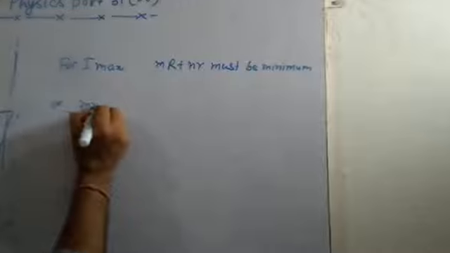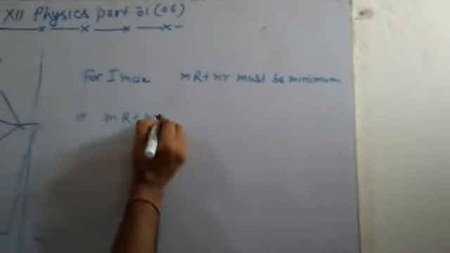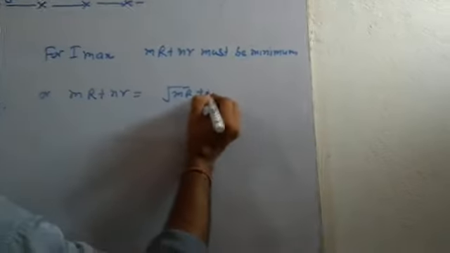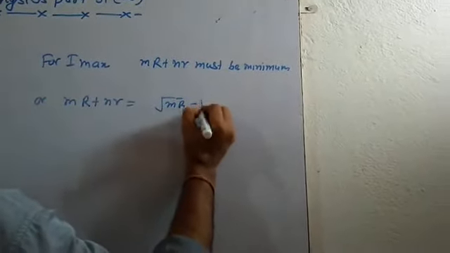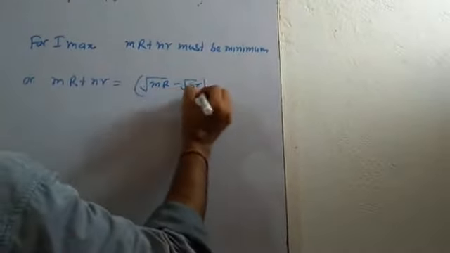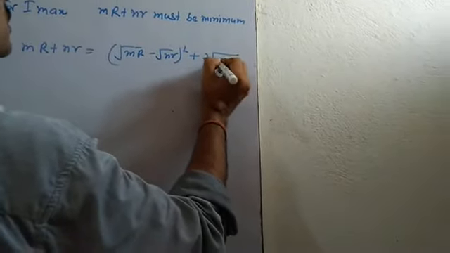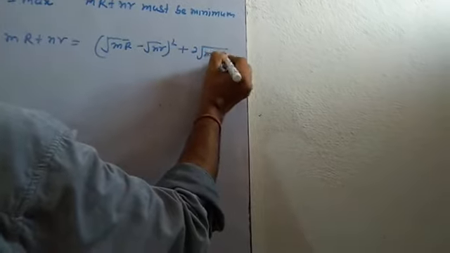We can write mR plus nr as (root mR minus root nr) whole square plus 2 root mnRr.